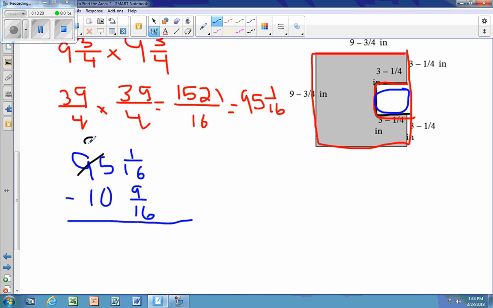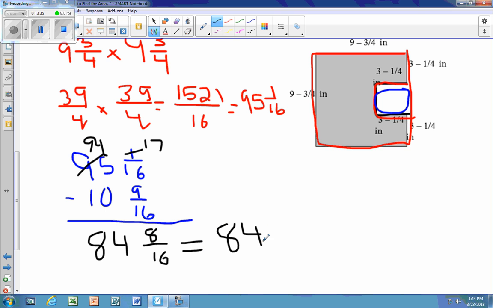I have to borrow this and make it a 94 and make this a larger number, which is now 17. So we now have 84 and 8/16, which when we simplify would be 84 and 1/2 inches squared.